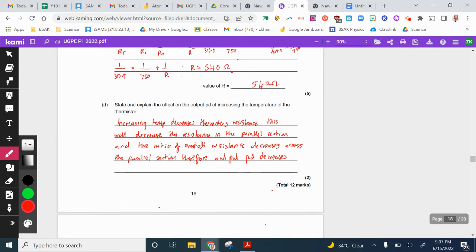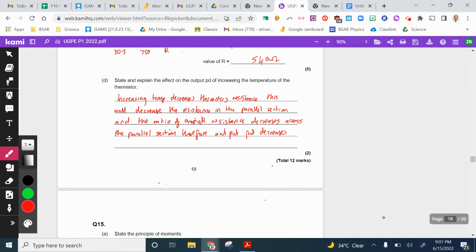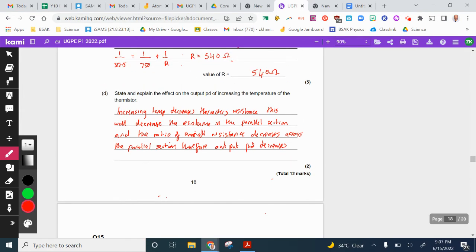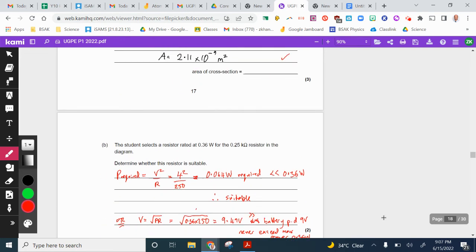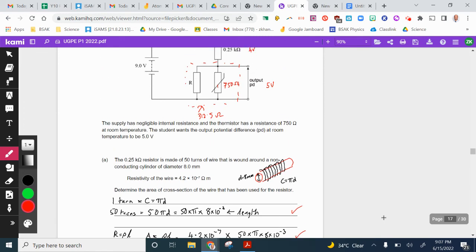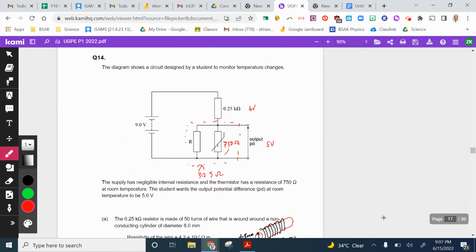Now, part D. State and explain the effect on the output PD of increasing the temperature of the thermistor. So a thermistor, as we increase the temperature across the thermistor, that's going to reduce the resistance here.